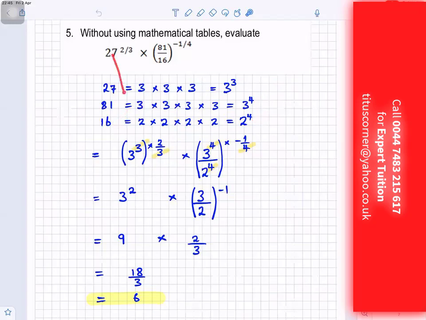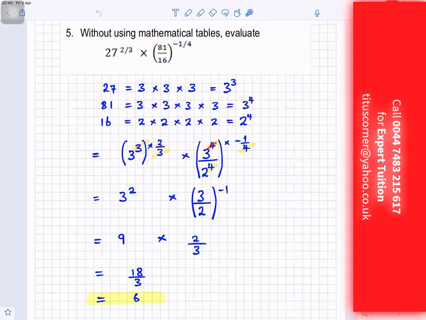So we replace 27 with 3 to the power 3, and the 2 over 3 stays the same. We replace 81 with 3 to the power 4, and replace 16 with 2 to the power 4. Now, because we are multiplying these powers, 3 will cancel with 3, you're left with 3 squared.